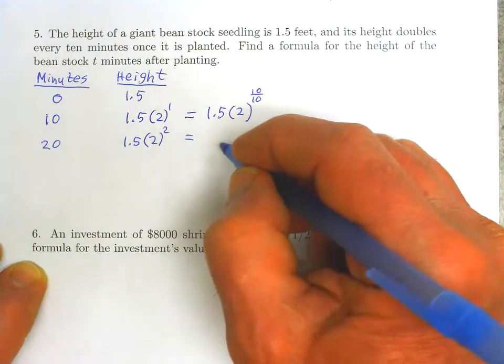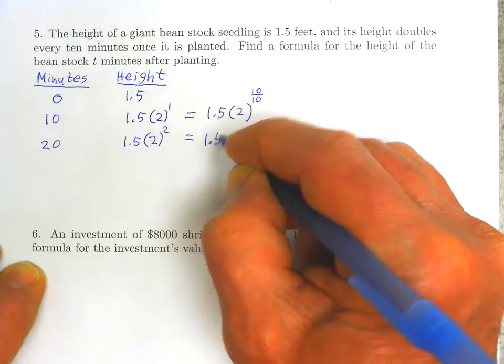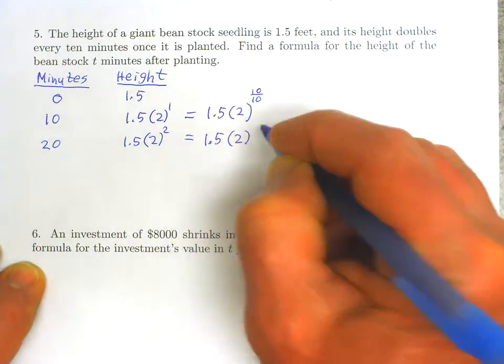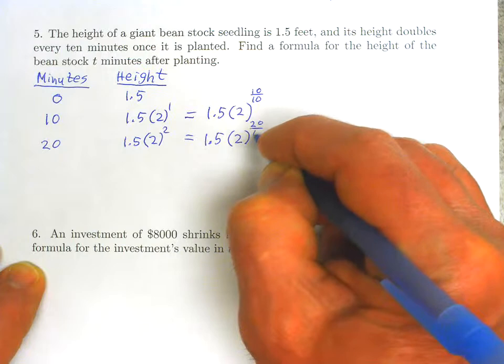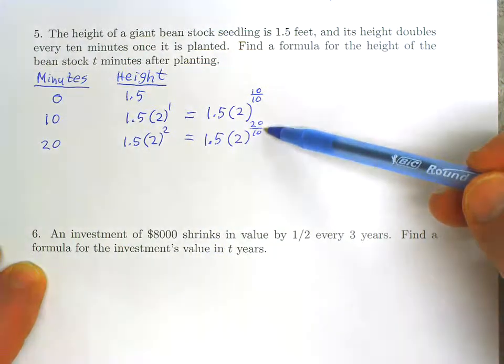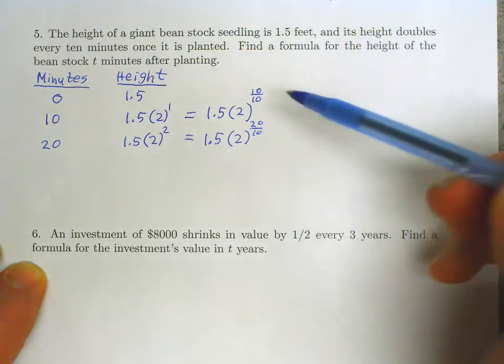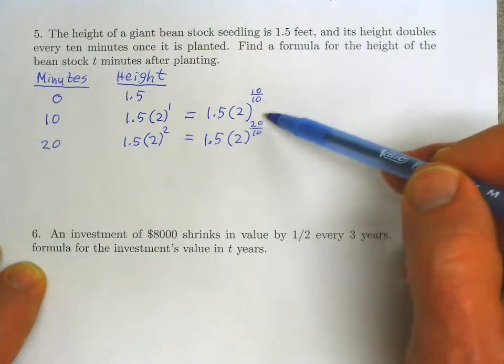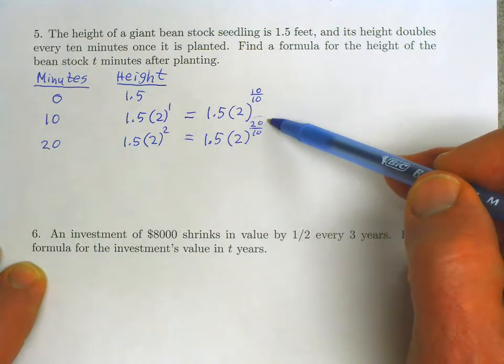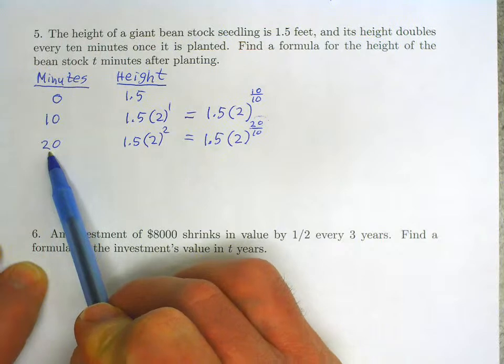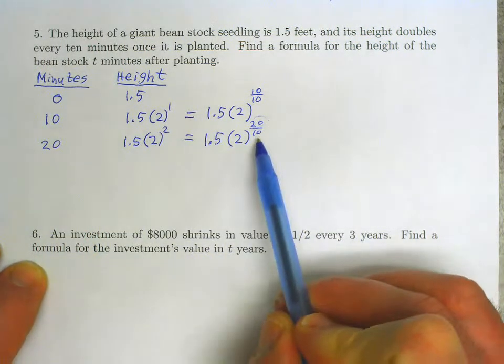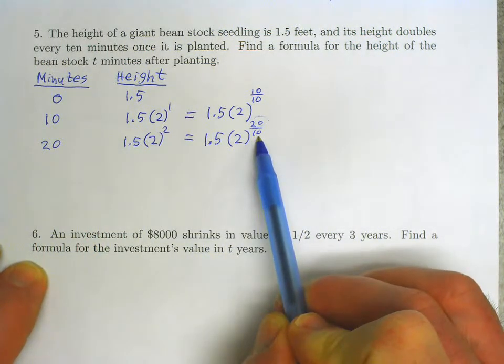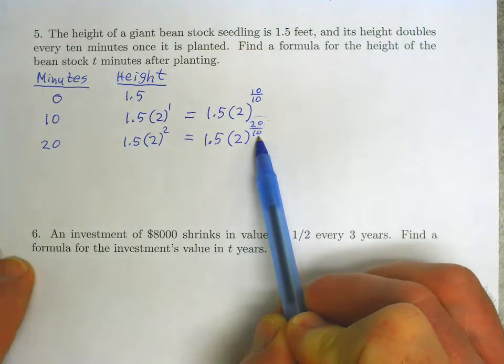But we can think of that as 1.5 times 2 to the 20 divided by 10. 20 divided by 10 is 2. But once again, I'll just point out the numerator 20 is the number of total minutes that have elapsed. The denominator of 10 is the number of minutes it takes for the height to double.